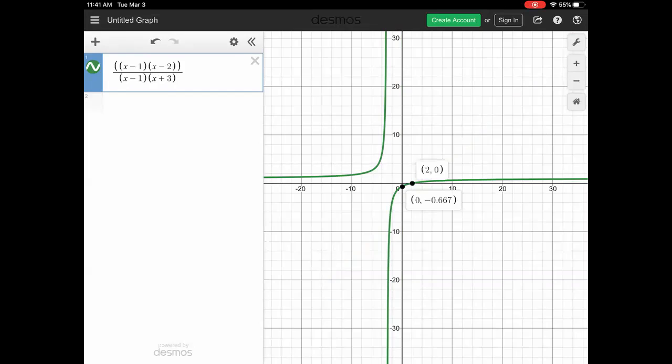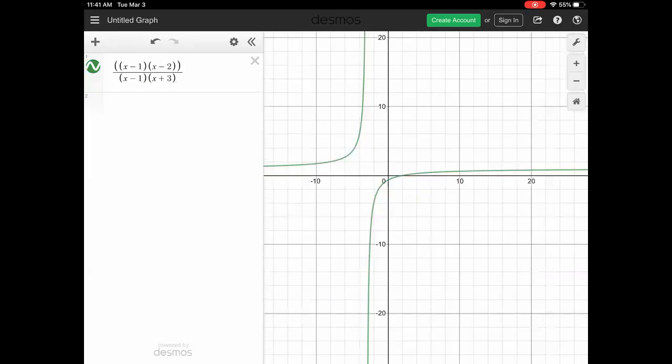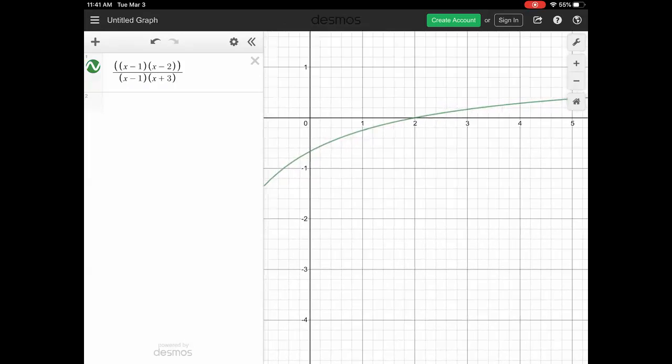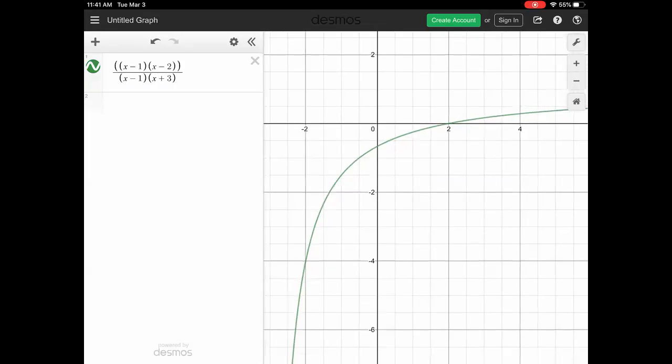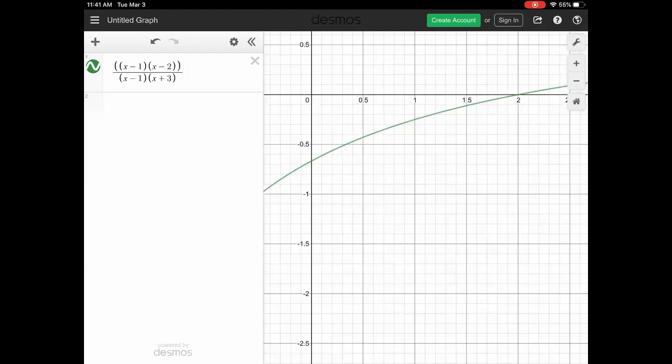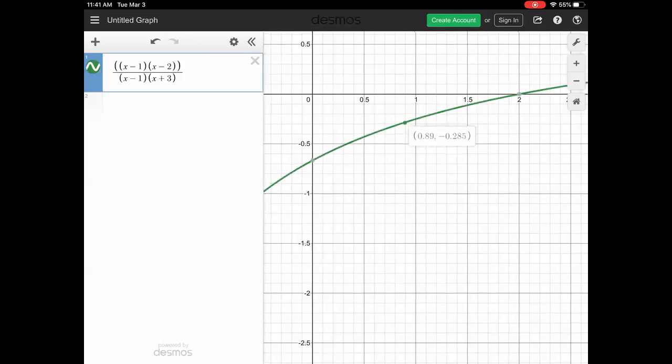We found all our things pretty well. 2, 0, and hey, we should have a hole at x equals 1. But it's not showing, is it? Ha! There it is, but it's not showing up. You have to be right on, and it's impossible to tell, but there is a hole there, which we're going to draw.